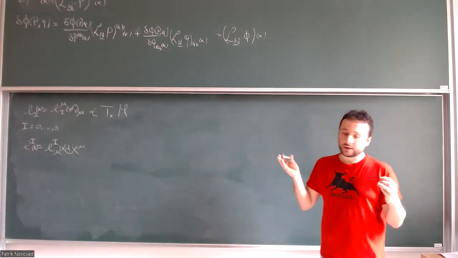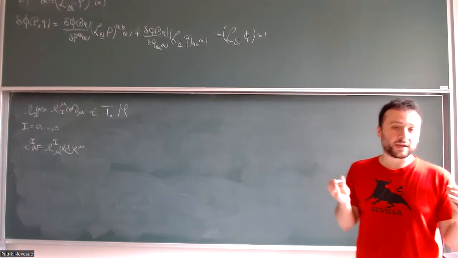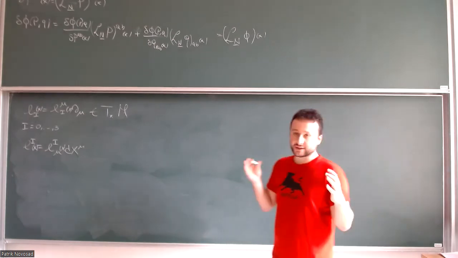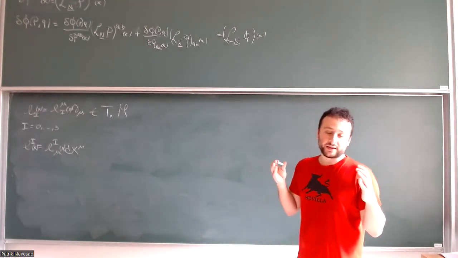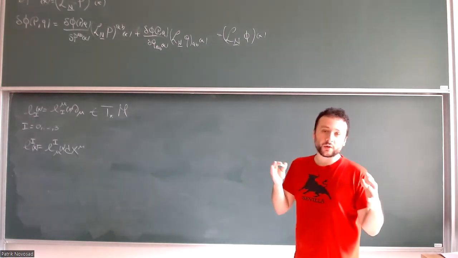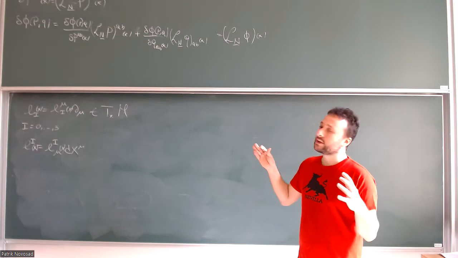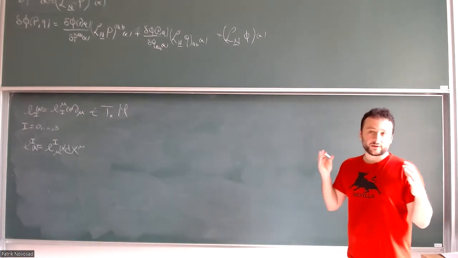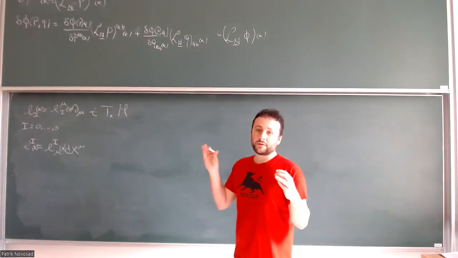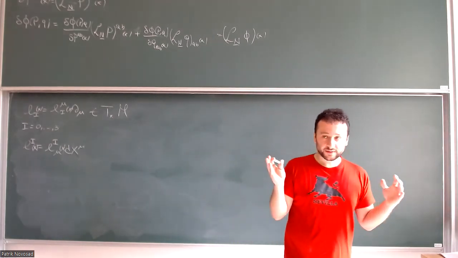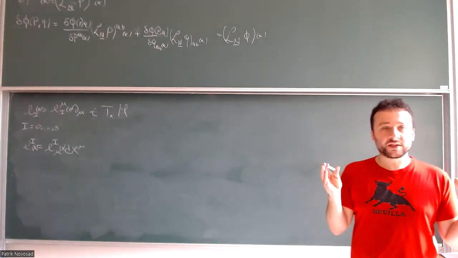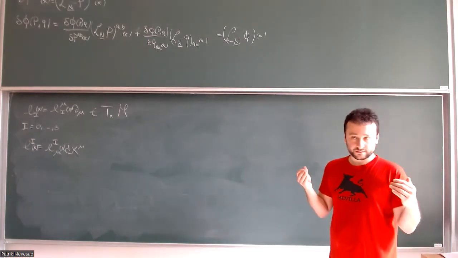So the tetrads are only local fields, in the sense that they only admit a local parallelization of some submanifold of our manifold. So at least locally, we can always find a tetrad. And this is not only a frame, but it's an orthonormal frame.